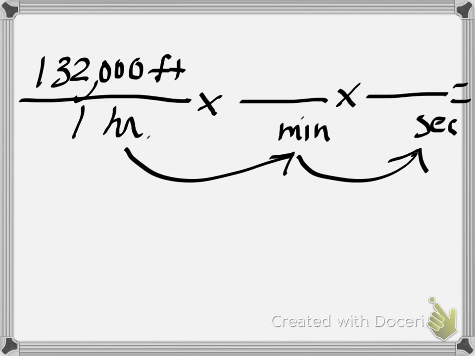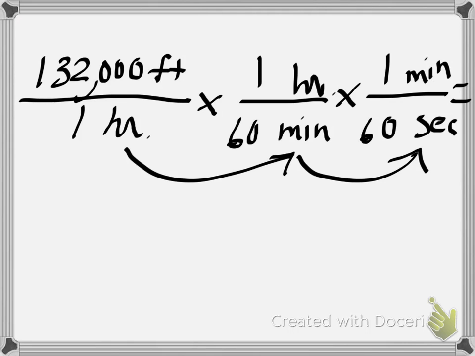And then, of course, we're changing from hours to minutes, so hours goes on top to cancel, and minutes to seconds, so minutes goes on top to cancel. An hour is longer, so we get 60 minutes. A minute is longer, we get 60 seconds. So once again, we're going hours to minutes to seconds.